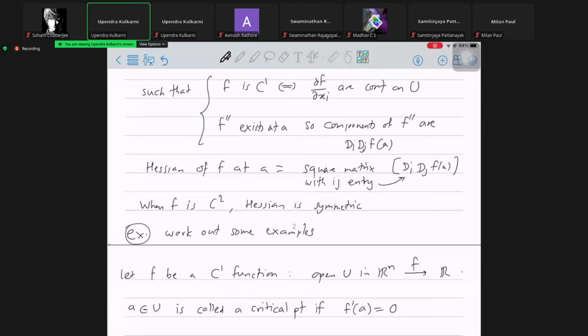And what kind of 0 is that? It's not the 0 number, it's the 0 operator. Or if you want to think of this in terms of the gradient by taking the transpose, then it's the 0 vector in Rn itself.